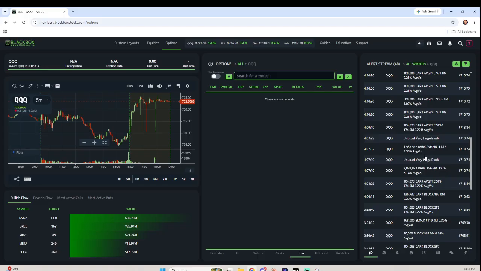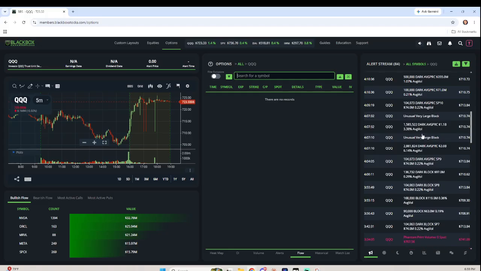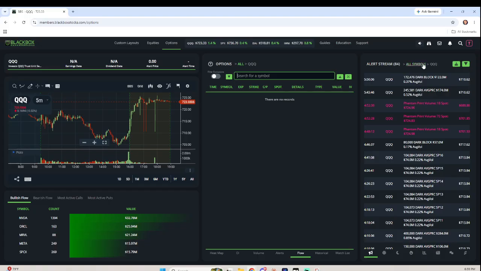But SPY and QQQ, only 3% doesn't seem like much, but this 1.5 million shares, over $1 billion in one print, was the largest on record for QQQ. That's what you're looking at for SPY and QQQ.